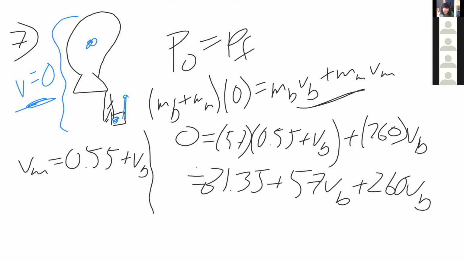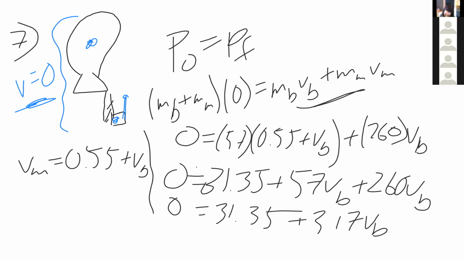Okay, so again, I have 0 on the left-hand side, so 0 equals 31.35 plus 57 plus 260, which is 317, times v sub b.